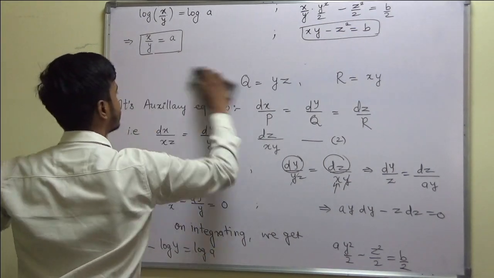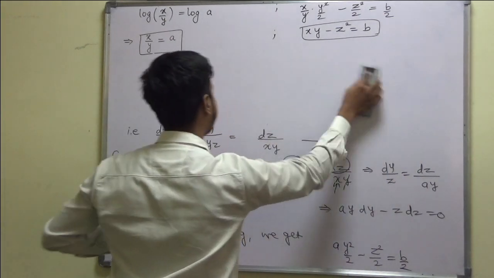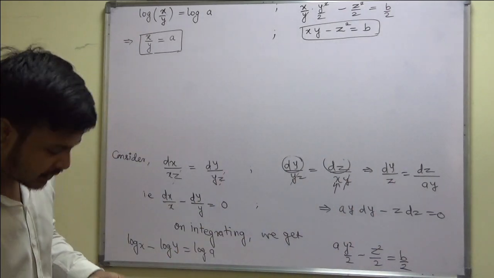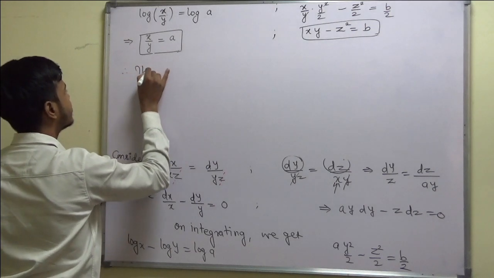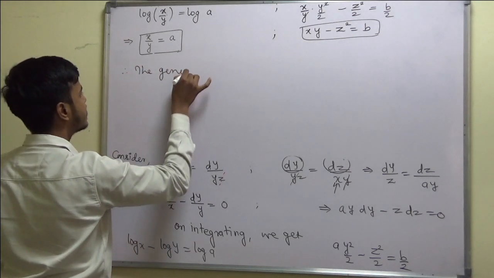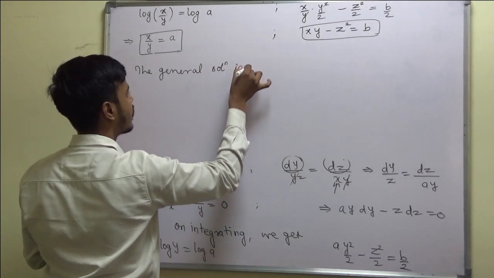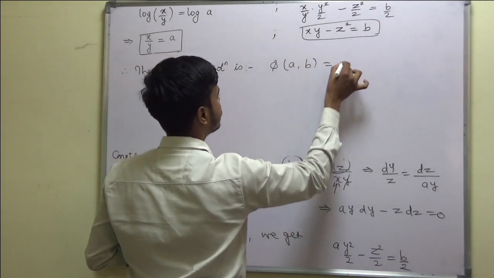Now don't forget to write down the general solution after you get this. Therefore the general solution is phi of a, b is equal to 0.